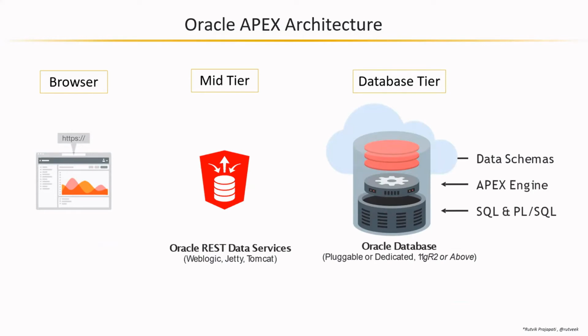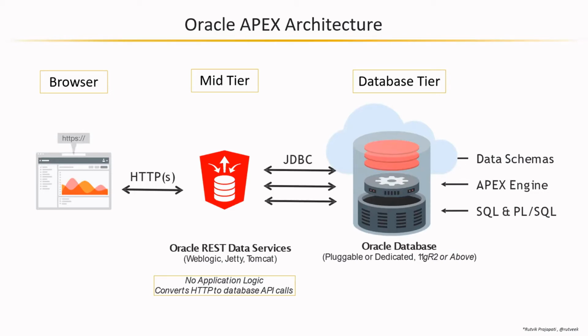So unlike other three-tier architectures where we have application logic in the middle tier, here in Apex we have data and application logic all on the database tier. When the browser sends the HTTP request, the middle tier does not have any logic. It only converts the HTTP request into the appropriate database call and directs it to the database tier. On the database tier, we have zero latency data access, which is dynamically driven by Apex metadata. So this is a typical architecture.